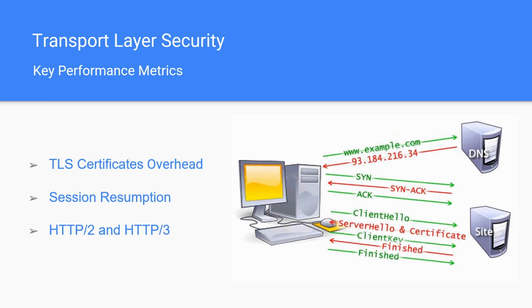But normally SAN certificates do not inherently add significant overhead during the SSL handshake compared to single domain certificates. The only difference here would be the size. The additional SAN entries are going to slightly increase the handshake time.